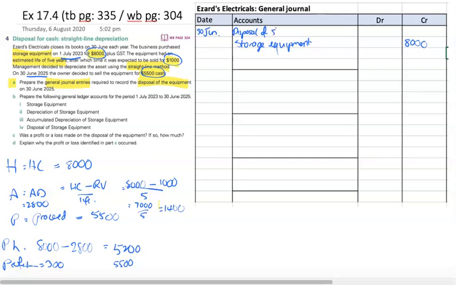So my ledger, that is my temporary account that works out the profit or loss here, is disposal of storage equipment. And we can do a narration, something along the lines of transfer of historical cost of asset, and you would not abbreviate that.